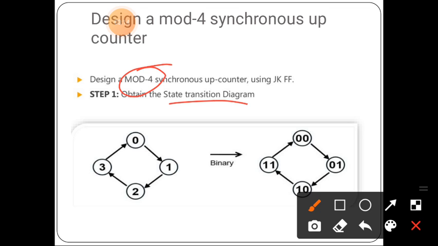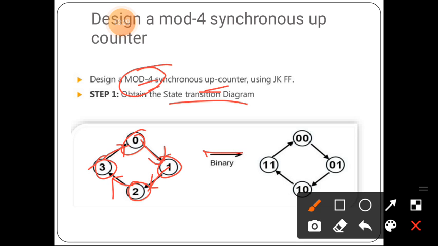Mod 4 means 4 states are there, so we draw that diagram. It is an upward counter, so it starts from 0, then 1, 2, 3. There are 4 states. So it moves from 0 to 1, then 1 to 2, then 2 to 3, and 3 again comes to 0.